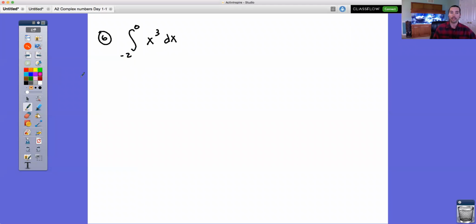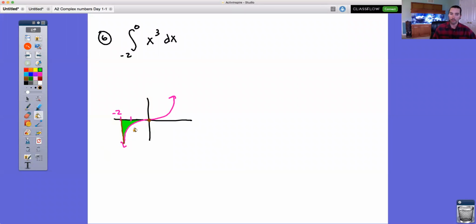-2 to 0 for x cubed. Okay, the visual that goes along with this one. X cubed is a function that looks like this. That I'm asking you to evaluate from -2 to 0. So from there to there, I'm asking you for this area in green.